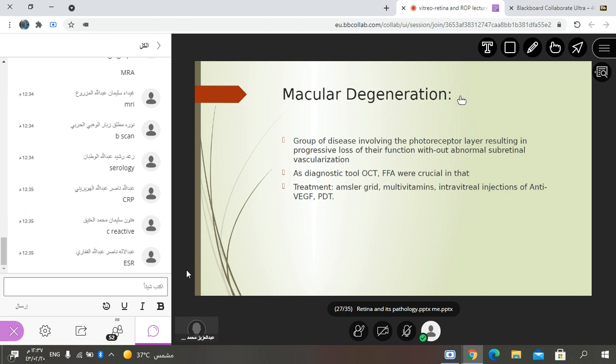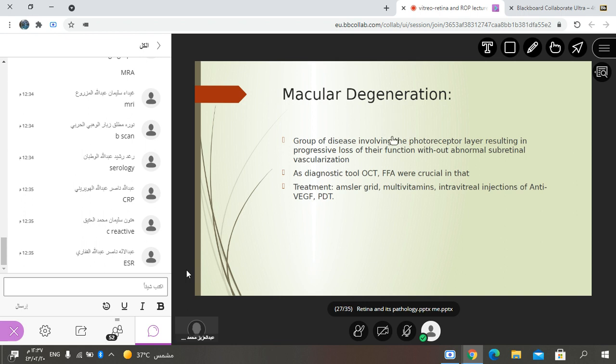You need to write it down, please. So age-related macular degeneration. It happens in two stages, and we can divide them into two types.